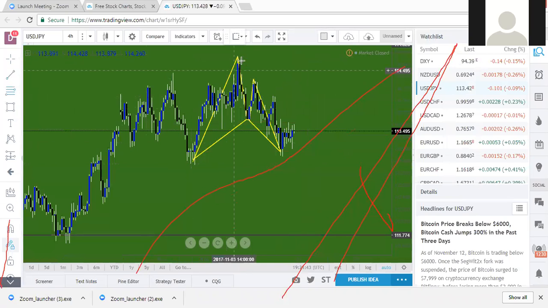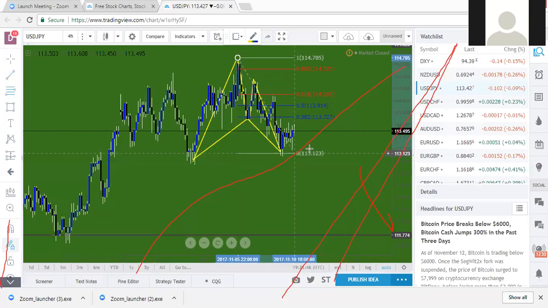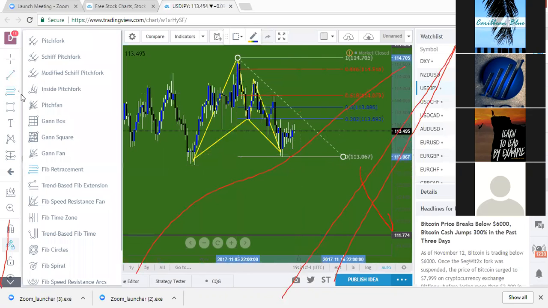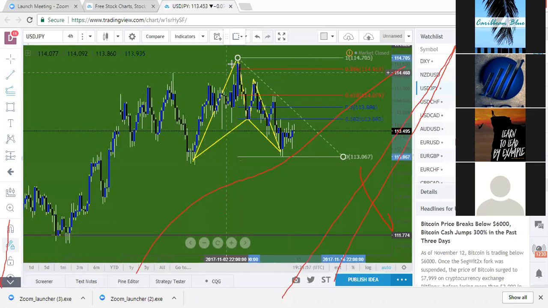We use Fibonacci retracement from A to D, and the Fibonacci extension for the stops.